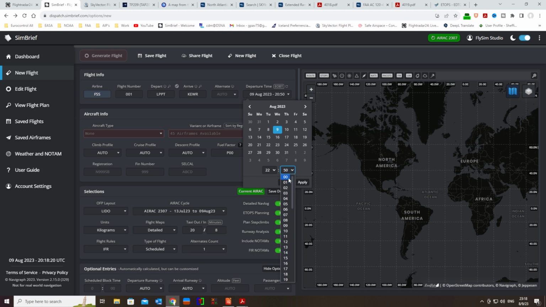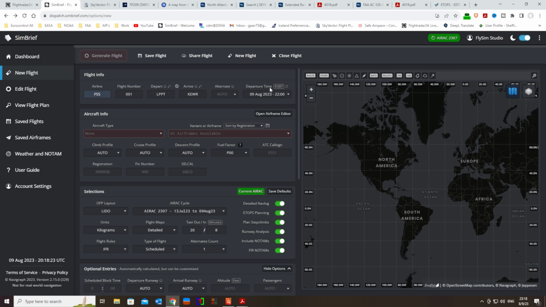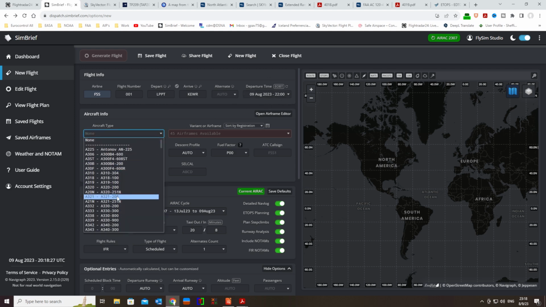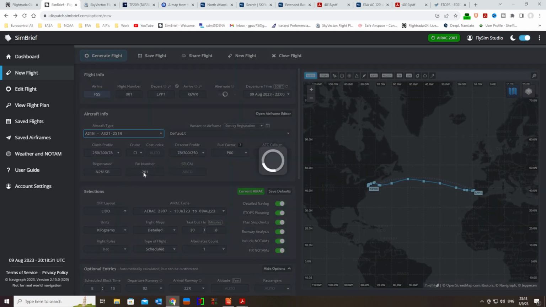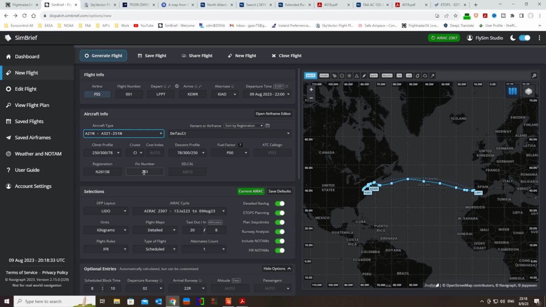So let's go ahead, apply that. So to 2200, yes. Now I said I'm gonna go with a neo aircraft today. Okay, I think that it picked up the route that I already planned.